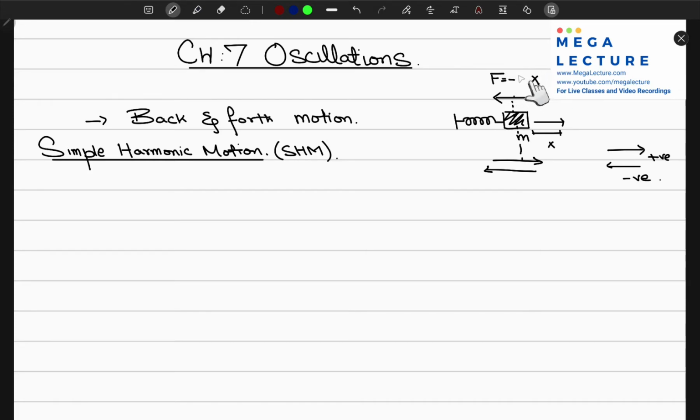And now the constant of proportionality is called k, which depends entirely on the spring: the shape of the spring, the geometry of the spring, and the material of the spring. Hence we have this expression, F is equal to minus kx, and this force is called restoring force.